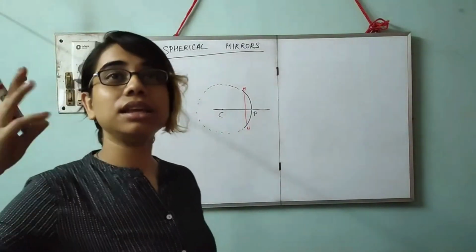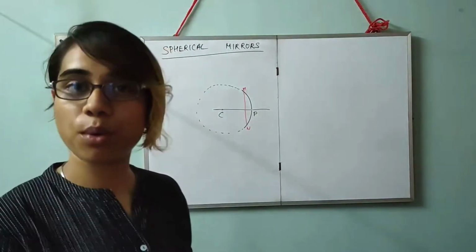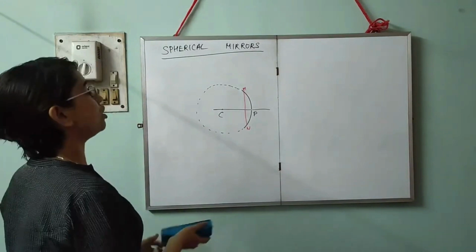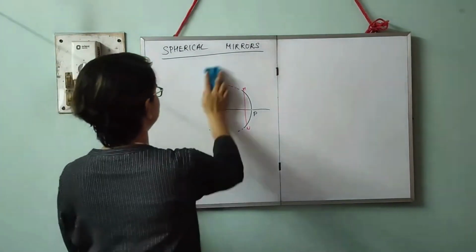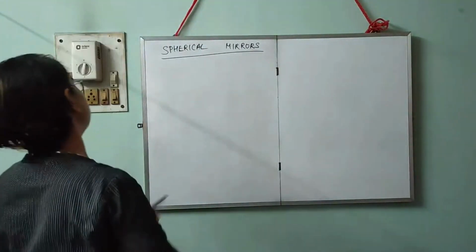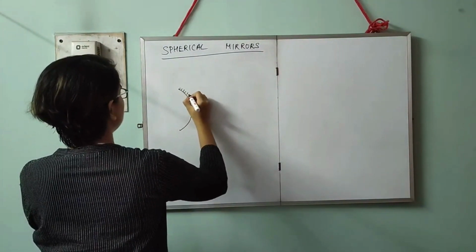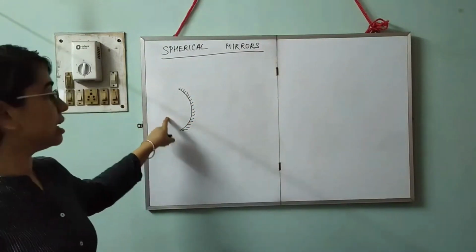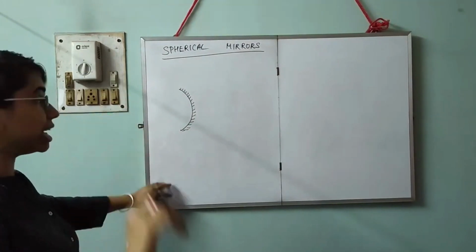Now, a very important term we have all heard about, the focus. For that, we will need the type of the spherical mirror. There are 2 types of spherical mirrors, concave mirrors and convex mirrors. Concave mirror: see the cave part in this mirror.